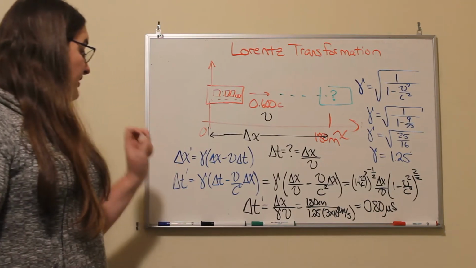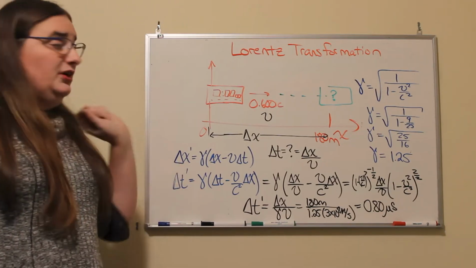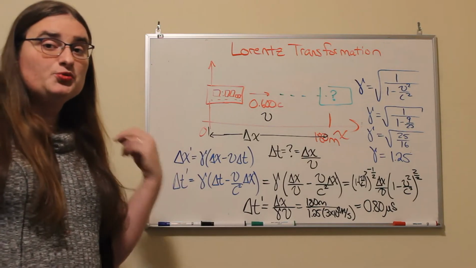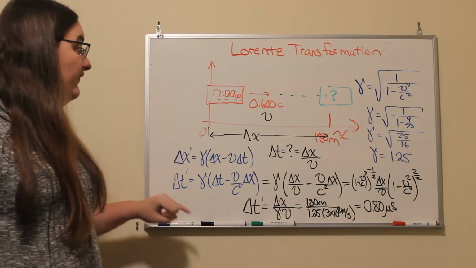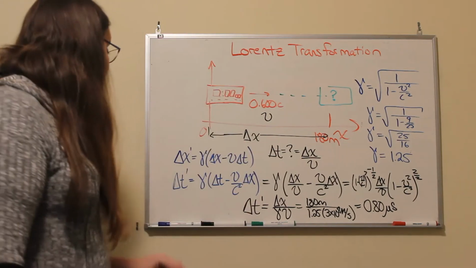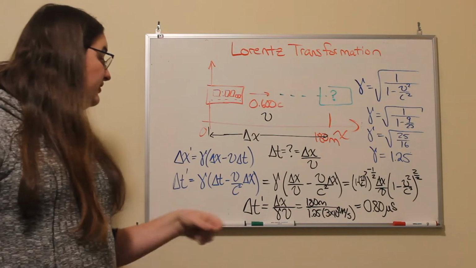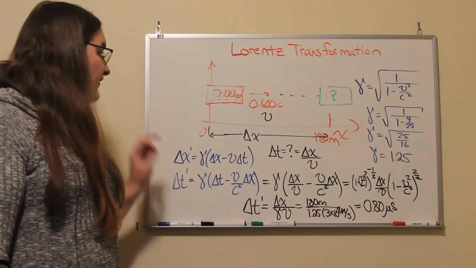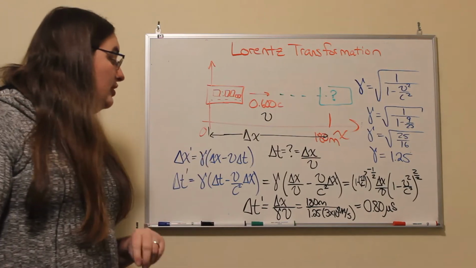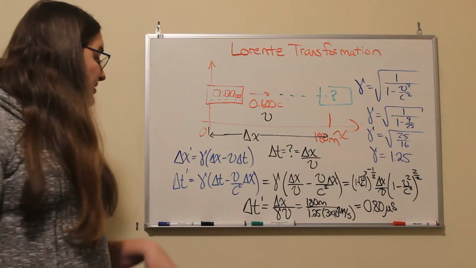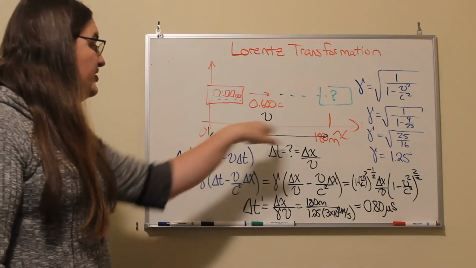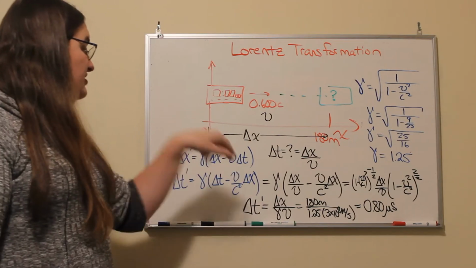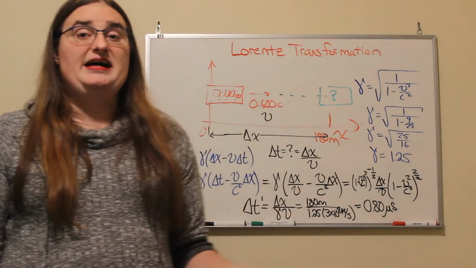Now, if we want to compare the moving observer's coordinates to the stationary observer's coordinates, which is what we would need to do to find the time displayed by the clock, well, time and space are linked in relativity. So the moving observer's change in position would be equal to the Lorentz factor gamma times the quantity of the stationary observer's change in x minus the relative speed times the stationary observer's change in time.